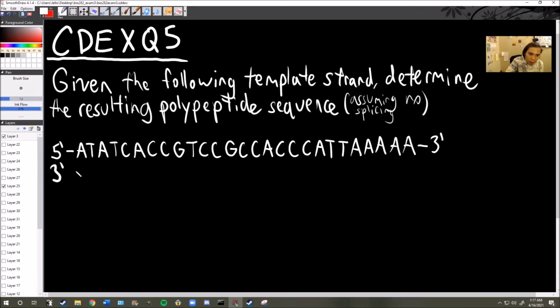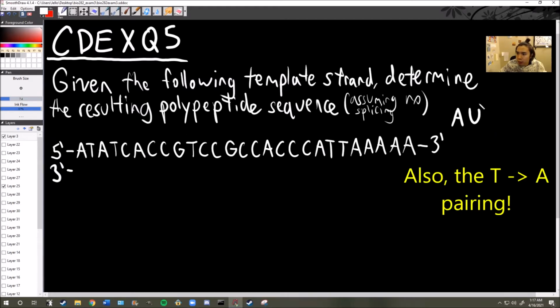So remember, synthesis of any nucleic acid always goes anti-parallel. So this would be the 3' end because it can't go in the same direction. And remember our pairings. Because we are going from DNA to RNA, it would be AU. So that would be the chemical symbol for gold. It can also stand for Australia. And we also have CG, which looks similar to each other in terms of the curvature.